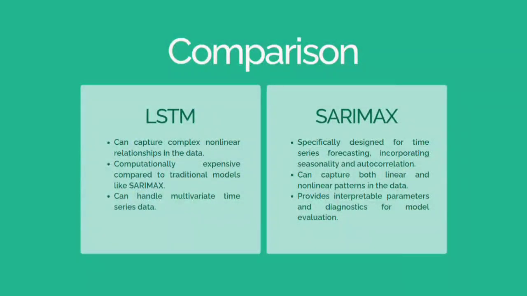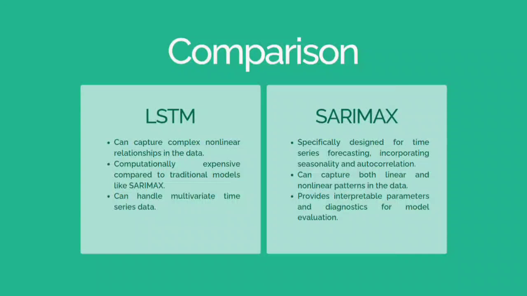So we are comparing LSTM and SARIMAX. LSTM is a deep learning model and it is very good at capturing the nonlinear relationships in the data. It is computationally more expensive than the traditional SARIMAX model, and it can handle multivariate time series modeling, whereas the SARIMAX model is not able to do multivariate time series modeling.